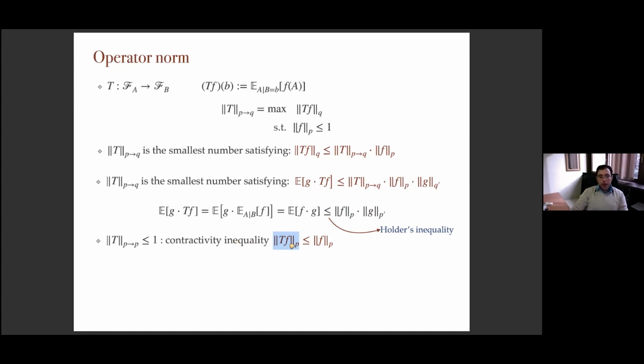And you can prove this inequality even using the convexity of the function that sends x to x to the power of p. So you can either use this Holder inequality or directly use this convexity property. It's easy to derive this inequality.